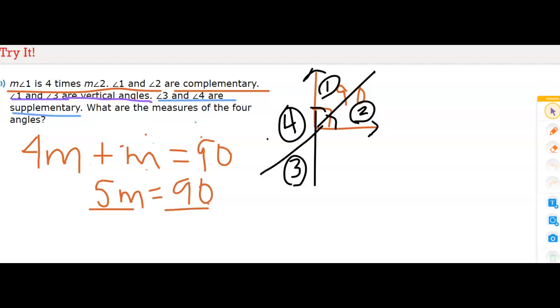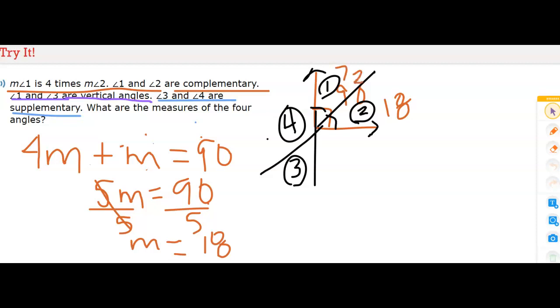Then we divide by 5 to solve for M, and we get M is equal to 18. So angle 1 is 18. I'm sorry, no, that's angle 2. Angle 2 is 18. And then 4 times 18 will give us angle 1, so that's going to be 72.